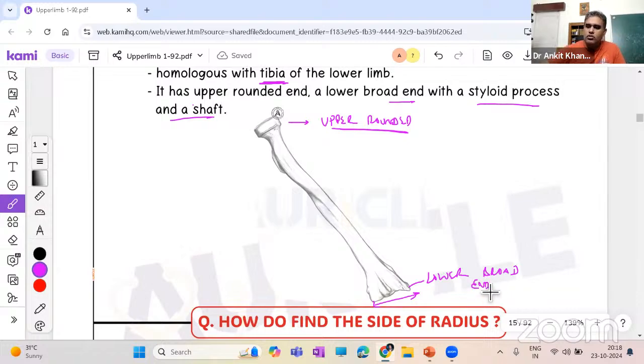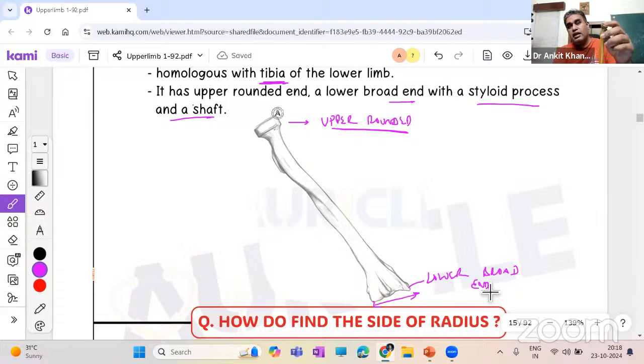Now let me show you the bone over here. Okay, now I'm bringing it closer to the camera. This must be the upper rounded end. It is cylindrical like this, and above you can see there's a concavity over here. I hope you can see it very well. Which bone will come and attach at the upper end of radius?